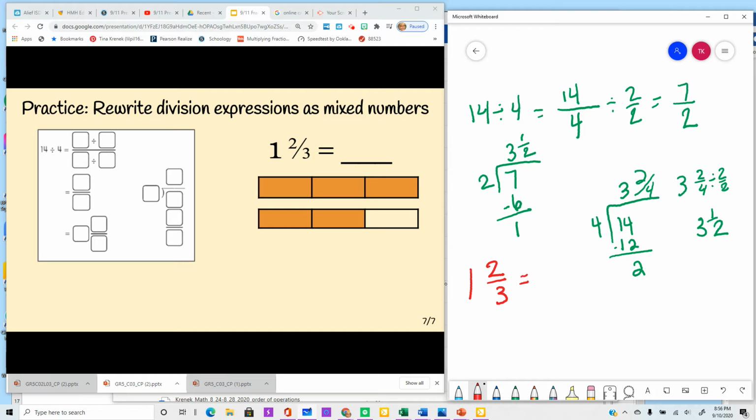So that's going to equal 5/3. So this one whole is equal to 3/3. So it's like saying 3/3 plus 2/3 equals 5/3.